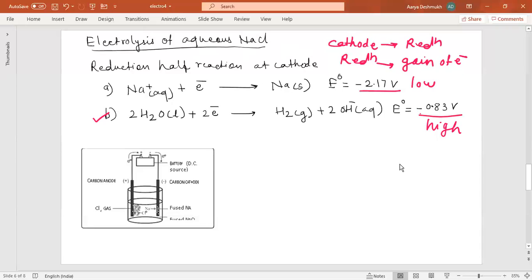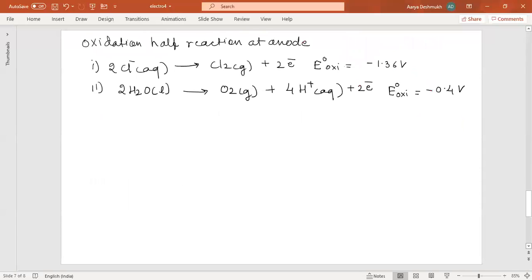Now we'll see what will happen at the anode. This was about the cathode. So we'll talk about the oxidation at the anode. As I already told, oxidation will be there at the anode, just to remember the concept. And oxidation is nothing but a loss of electrons, isn't it?